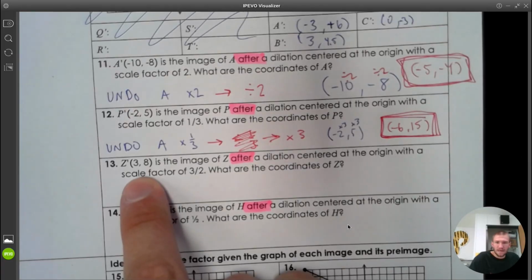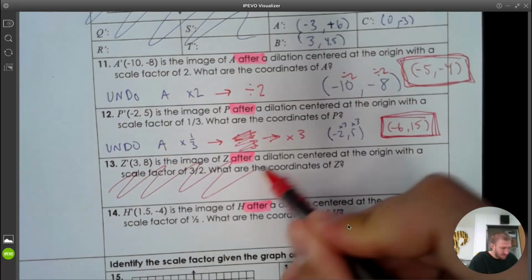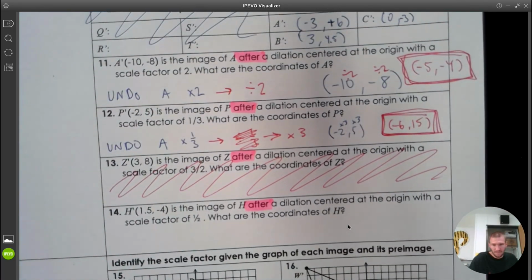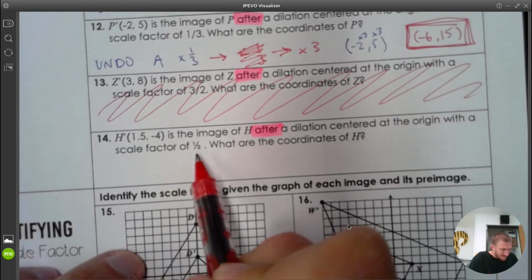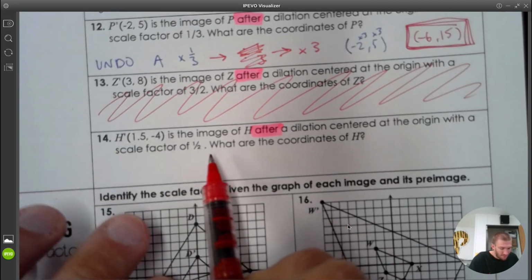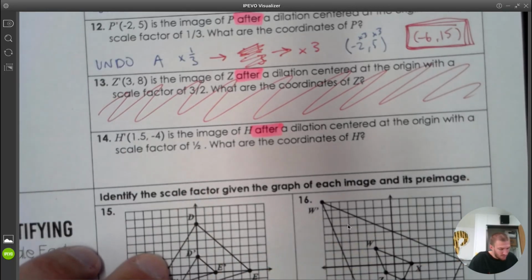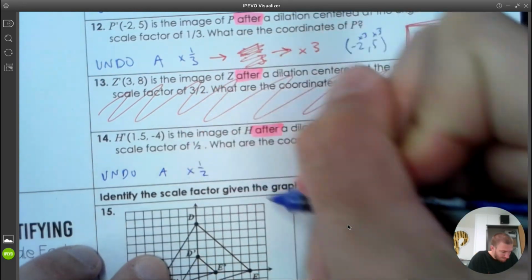We've got a z prime here, and again, this is our 3/2 question. I'm not really worried about the 3/2 question at this level. And so let's go faster here, right? It says that the scale factor is 1/2. Okay, 1/2 doesn't bother me at all. I want to undo a 1/2.